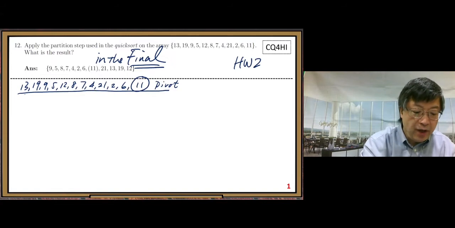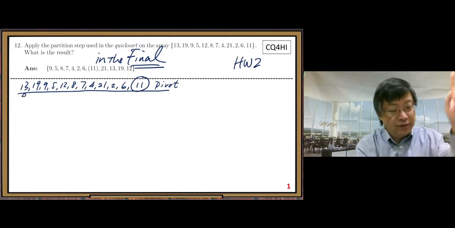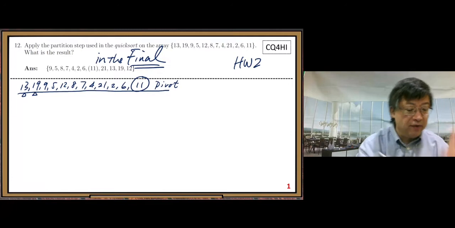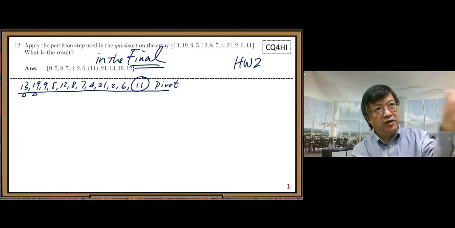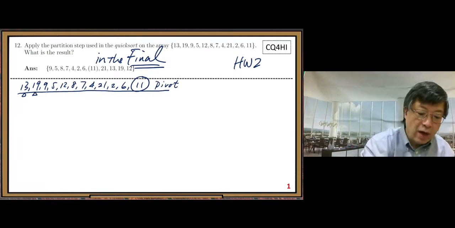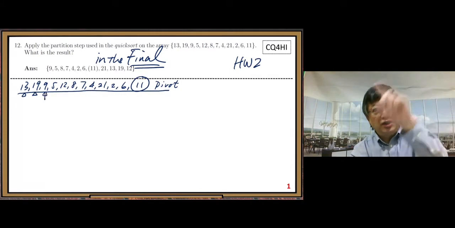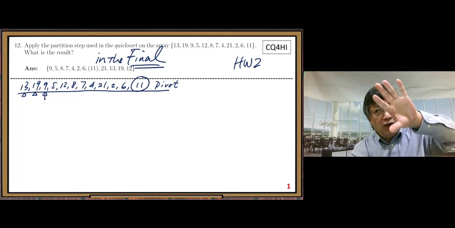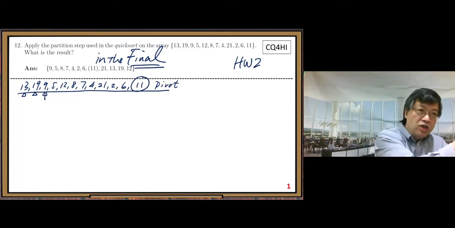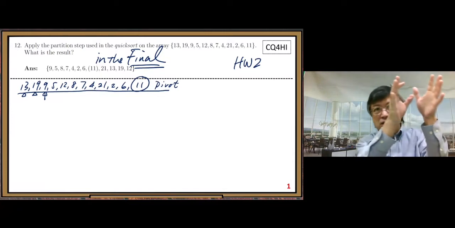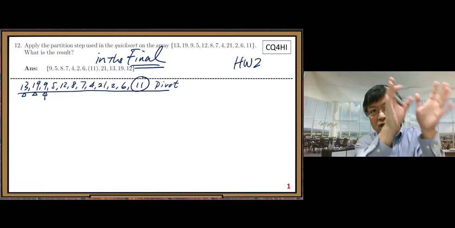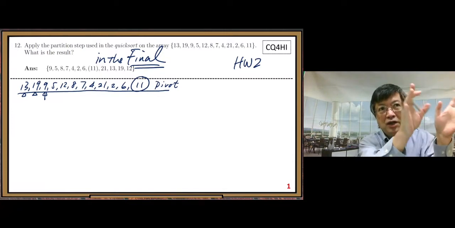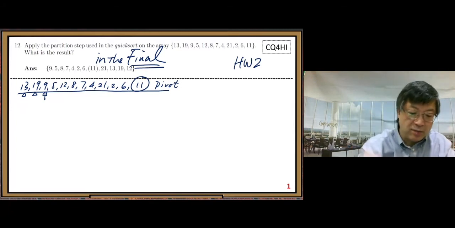First, 13 greater than pivot. 19 greater than pivot. Consecutive location, right? But after we see this 9, less than the pivot, we want to put all the elements less than the pivot at the left subarray, all the elements greater at the right subarray, for the processed elements. So that's the basic idea.